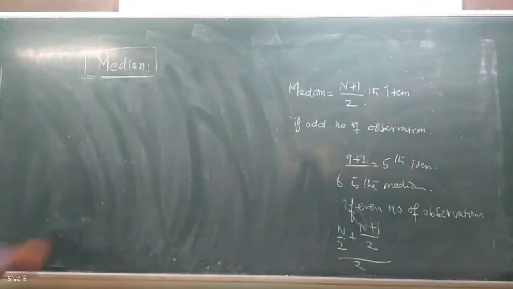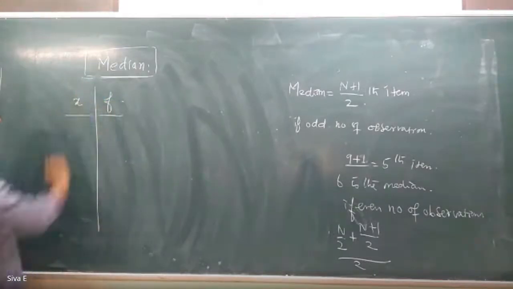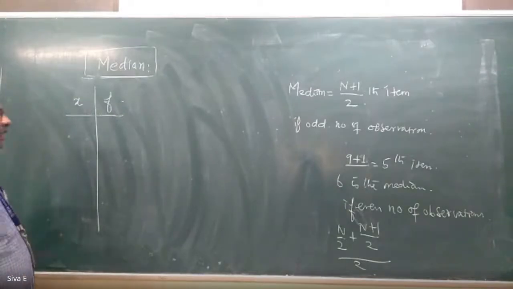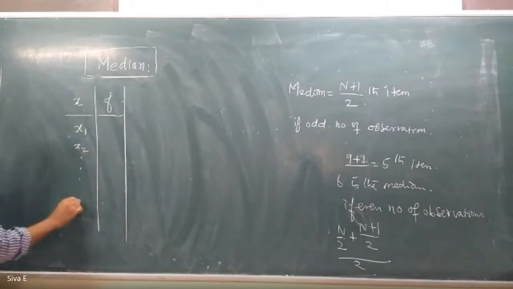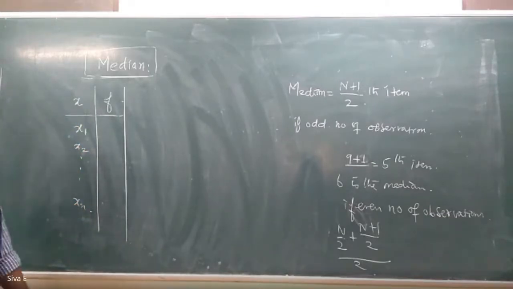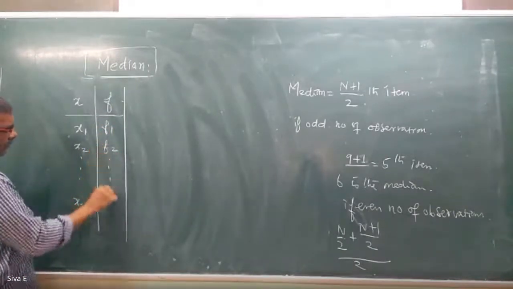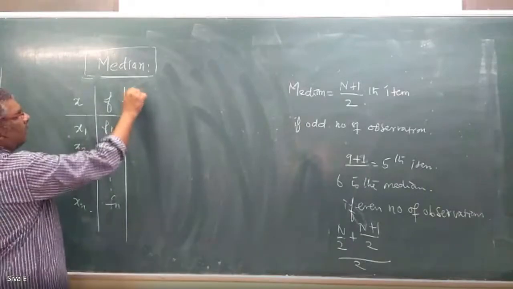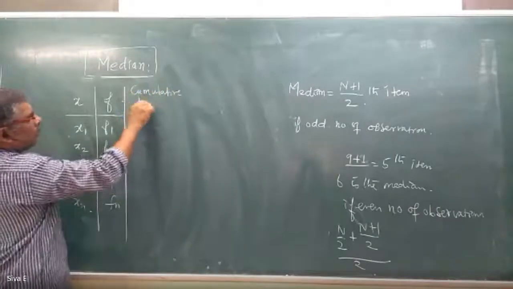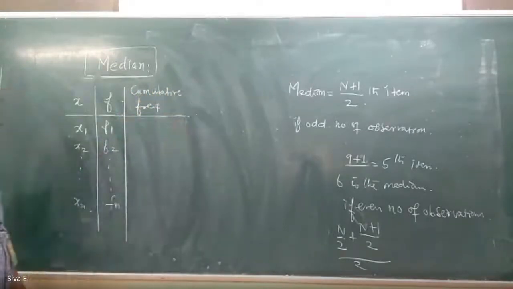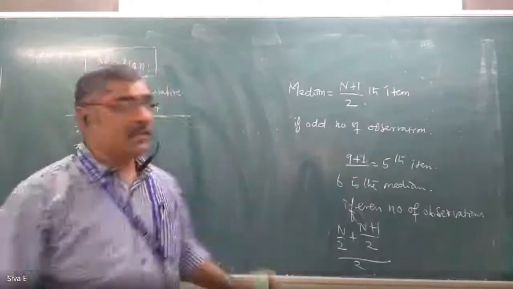For the discrete type data, the frequency is f and the given value is x. Very simple concept here. The values of x are x1, x2, up to xn. Then the frequencies are f1, f2, up to fn. Then we have to find the cumulative frequency. How to find the cumulative frequency? What is cumulative frequency?